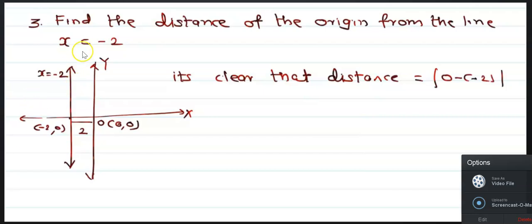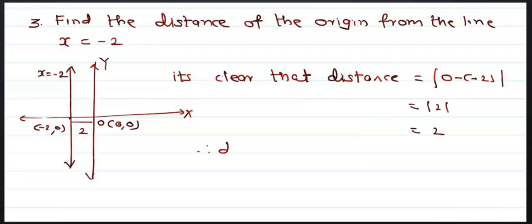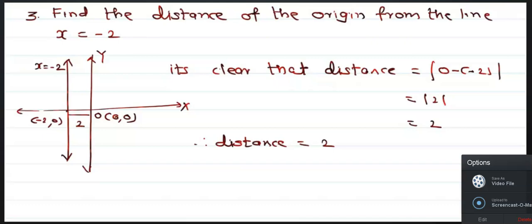When the line is parallel to the y-axis, its y coordinate is constant. The variable coordinate is only its x coordinate. Difference of that is 0 minus (minus 2). Distance is 2.